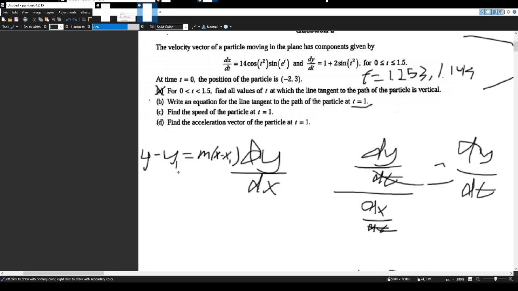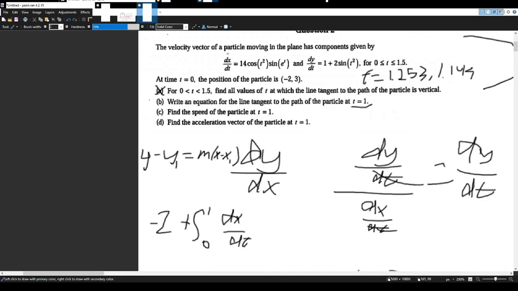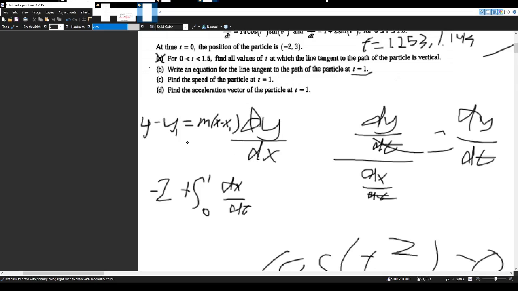So let's say we're doing the x, right? Take the starting x from t equals 0 and then add the integral from 0 to 1 of dx/dt, because the thought is that that will tell me how much it changed.